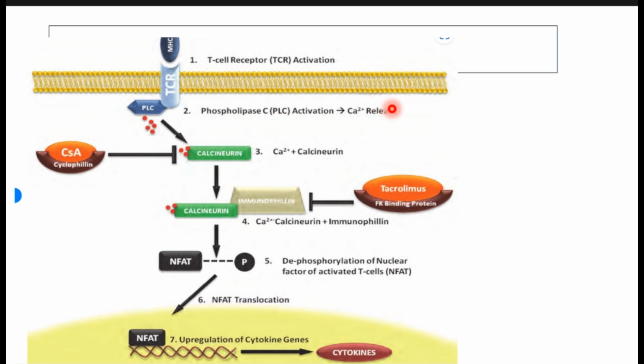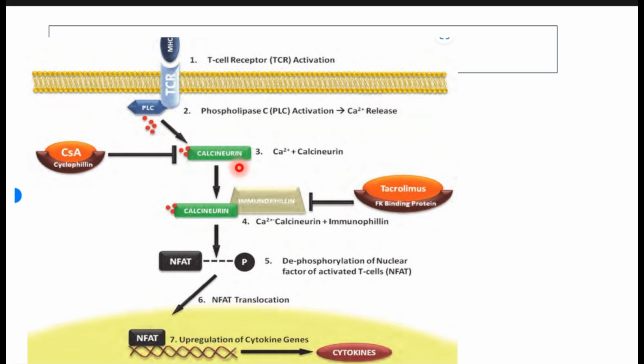This released calcium is now going to bind to this molecule over here known as calcineurin, and this calcineurin is basically a calcium dependent phosphatase, right? So initially the T cell receptor gets activated, phospholipase C gets activated, so calcium release is triggered from the intracellular stores. As the calcium levels within the cell rise, the calcineurin is activated.